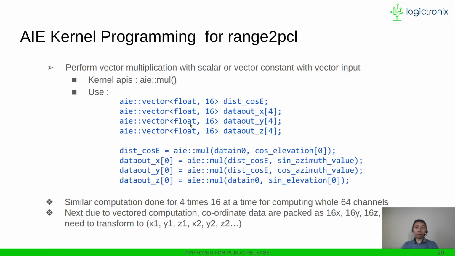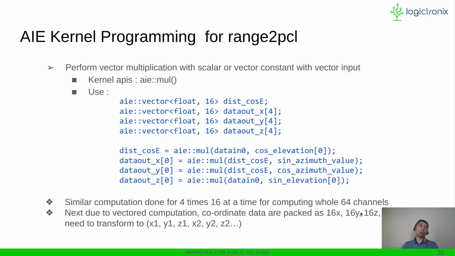And while doing this computation, one thing you have to notice is that instead of getting single xyz, x1 y1 z1 point cloud or x2 y2 z2 point cloud in serial manner, which is what we expected, due to this vector multiplication or vector computation, you will get packed data, such that you will get 16 x coordinates, 16 y coordinates, 16 z coordinates in that way in the memory.